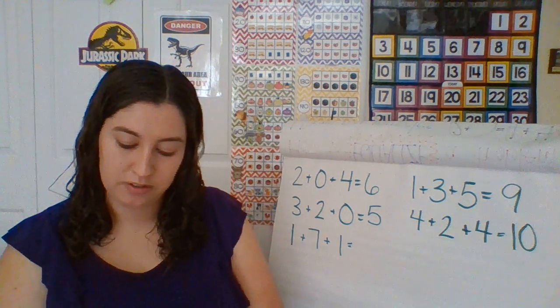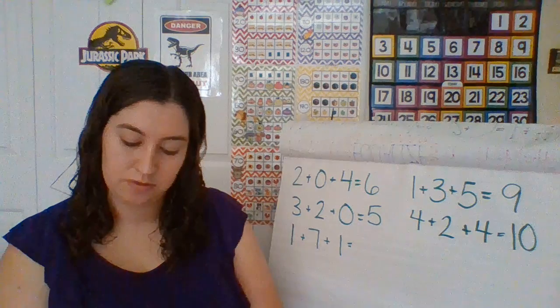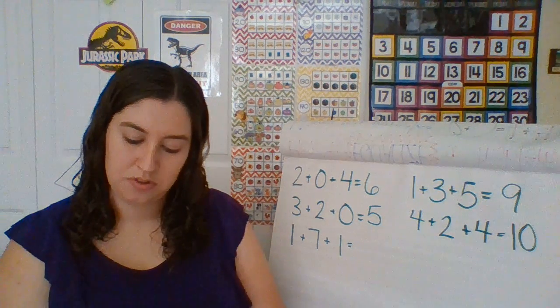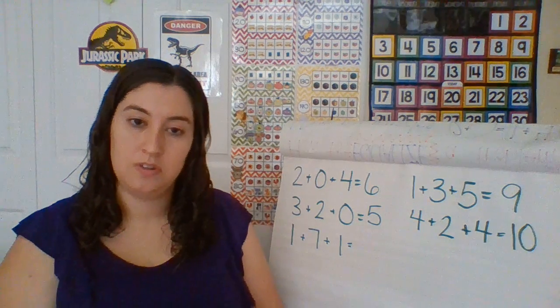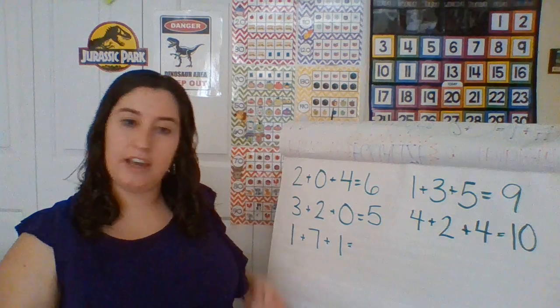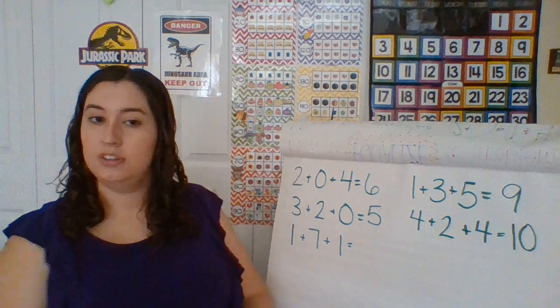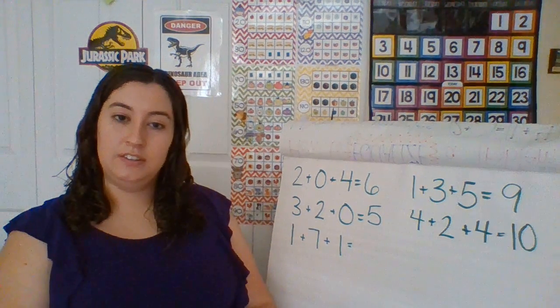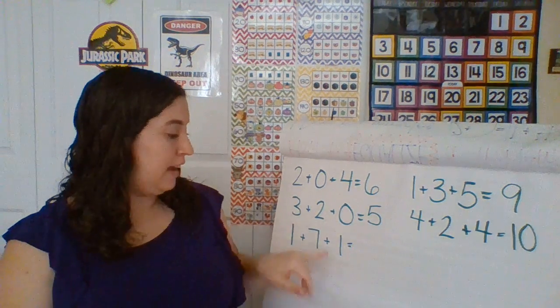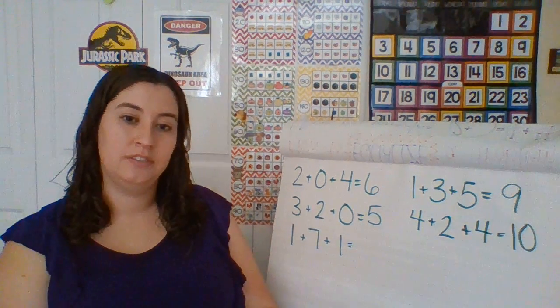If you're stuck, think about where you start. You should start with those first 2 numbers, add those together. Once you get that one, add the last one on there.